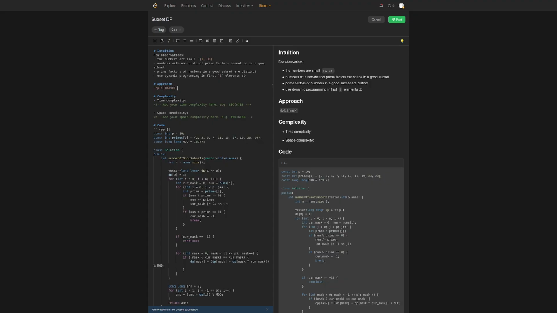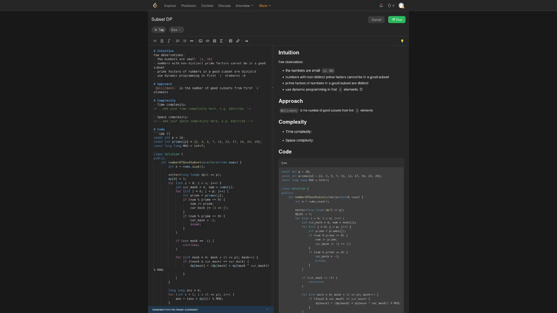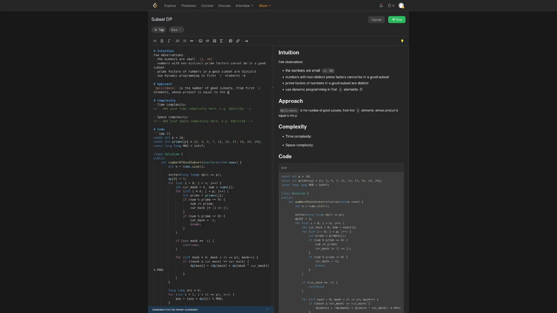DPI mask is the number of good subsets from first I elements whose product is equal to the product.